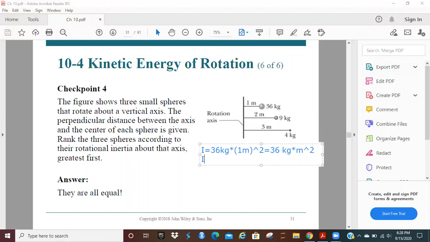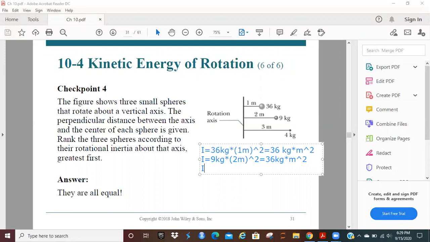So what about the second one? 9 kilograms times 2 meters squared, which is also going to end up being 36 kilogram meter squared.